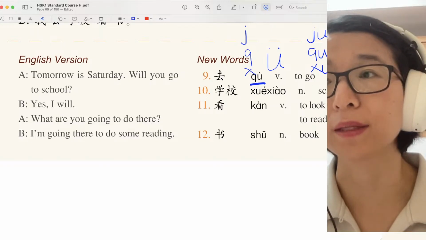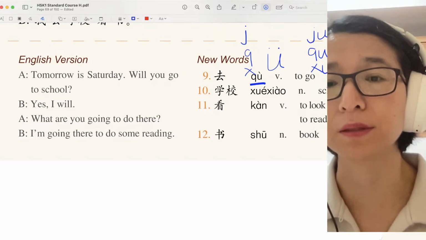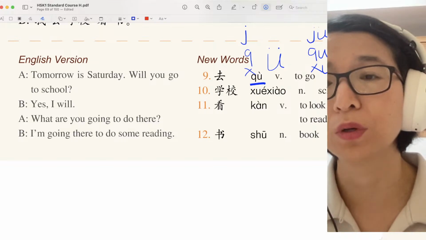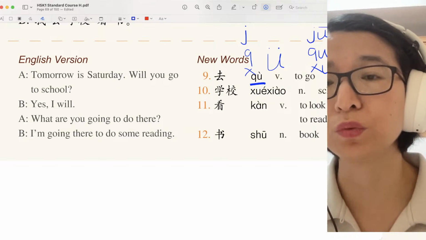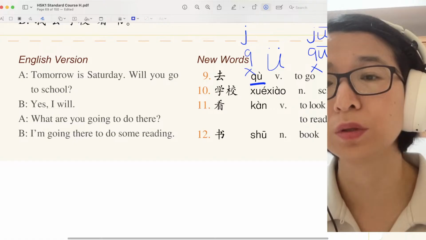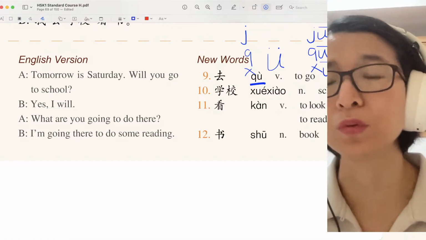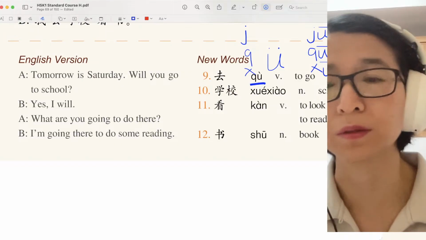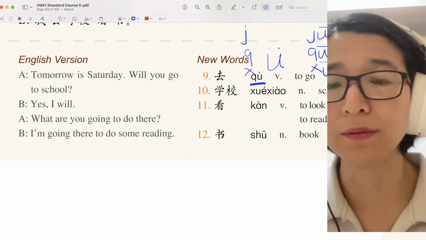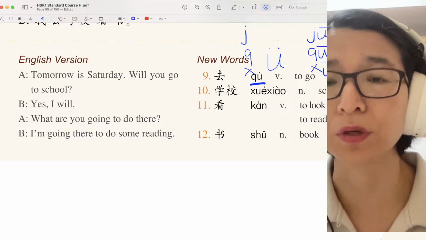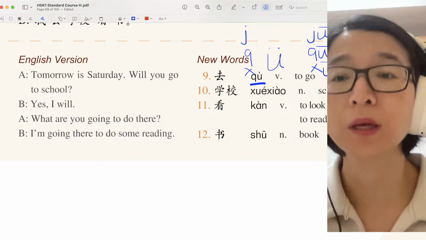So we can write like this, and then you can add the tone. For example, first tone, 居区虚, falling tone. Now you understand how to read 去, to go, right? 去.